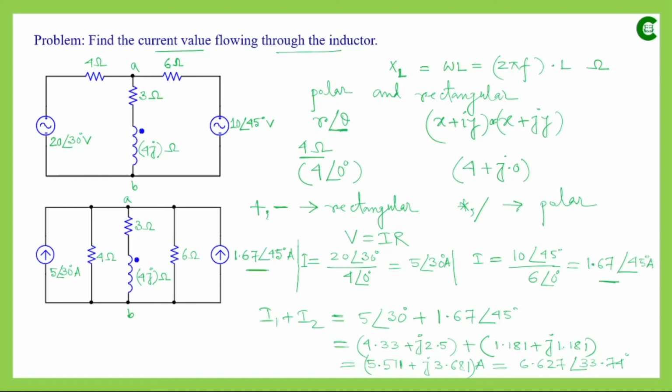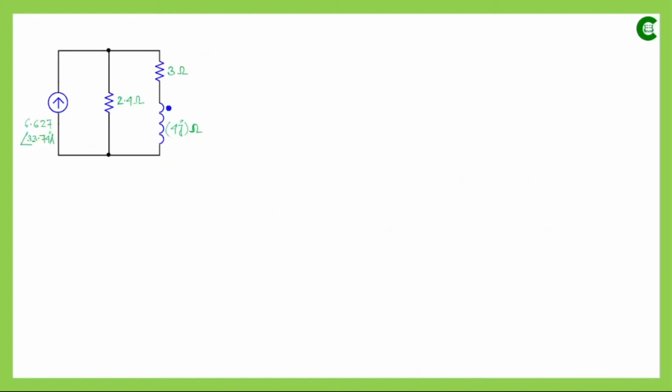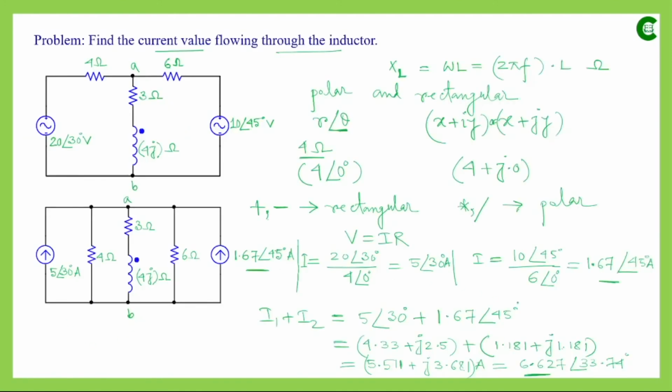Now the transformed circuit will look like this, where we have already calculated that value. So the net current value will be 6.627 angle 33.74 degree ampere.